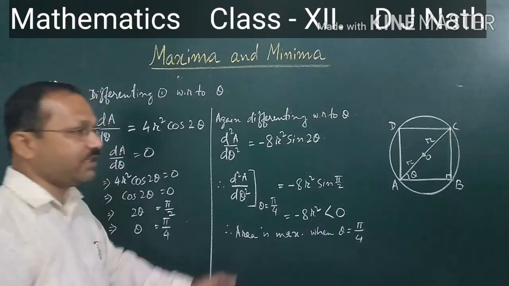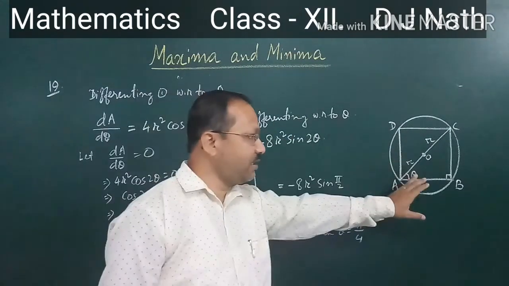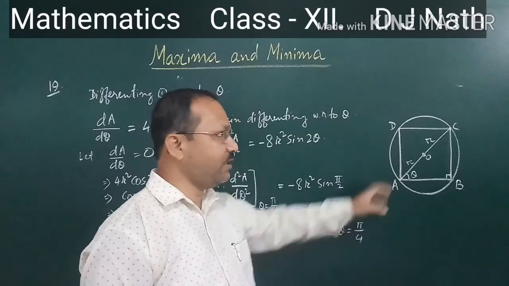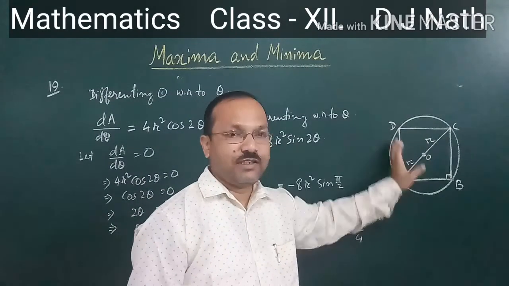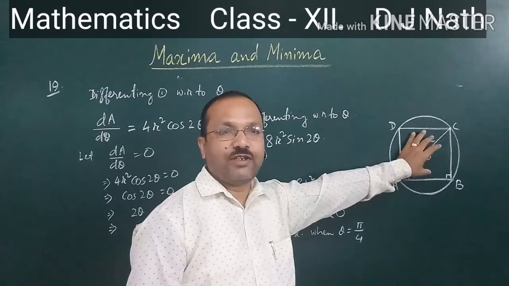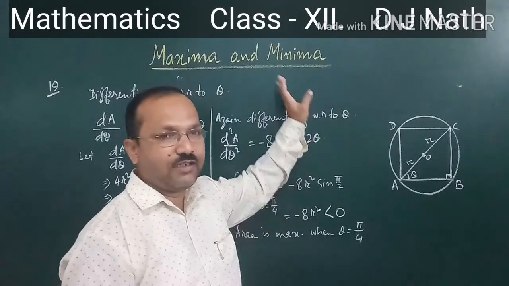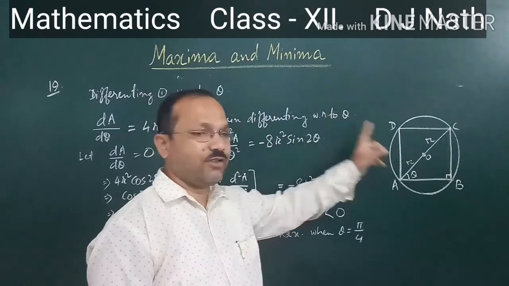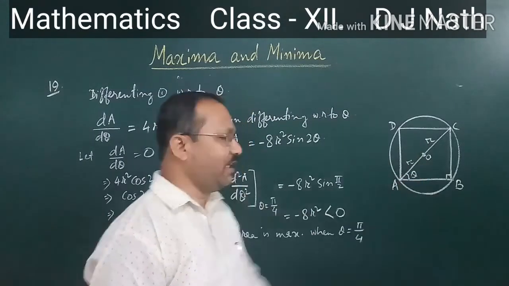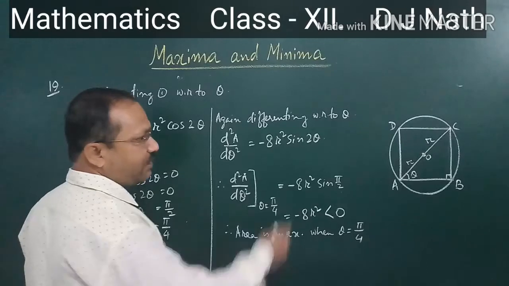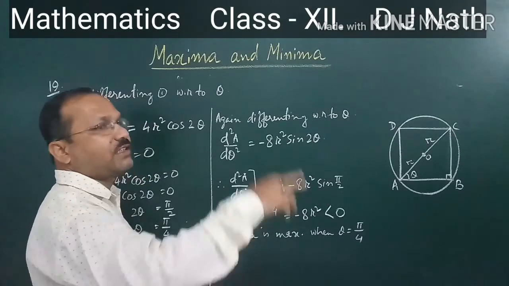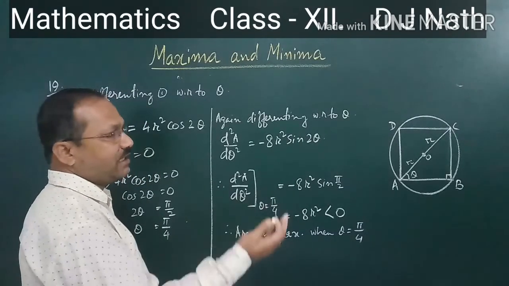Now we have shown that if theta is pi by 4, the area is maximum. First it was given that it is a rectangle; we have to show it is a square. It is asked that among all the rectangles, the square has the maximum area. The rectangle is a square if its adjacent sides are equal.